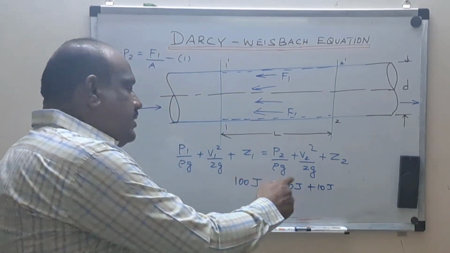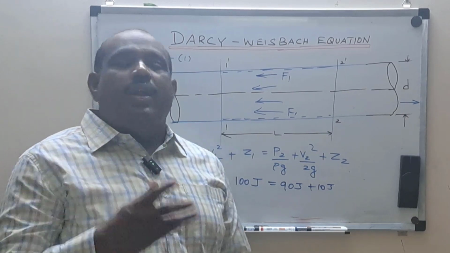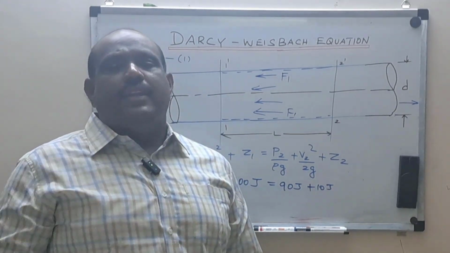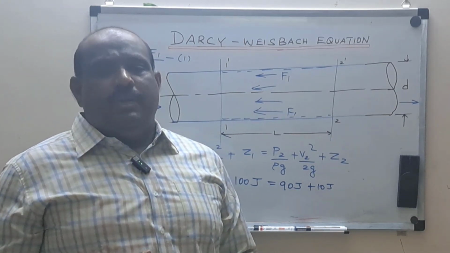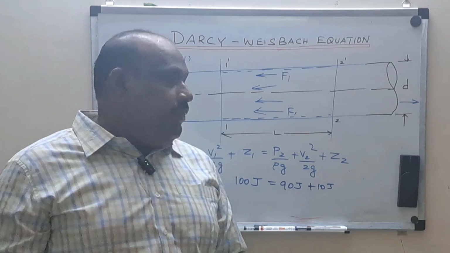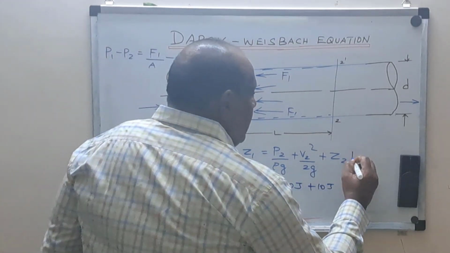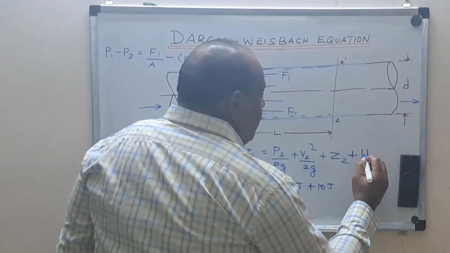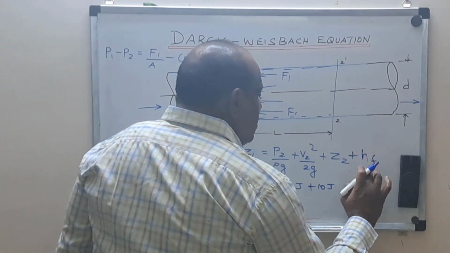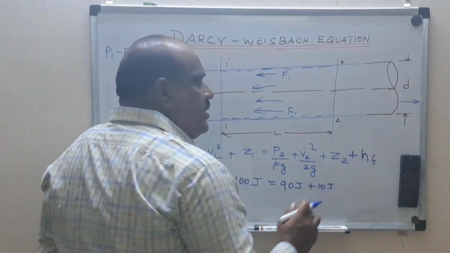This Bernoulli's equation is applicable when there is no loss. But practically speaking, there can't be any flow where the loss is negligible. Generally the losses will be there. So along with this, I have to include a term called HF. If you want, you can put a capital H or small h, but it's HF. What is HF?